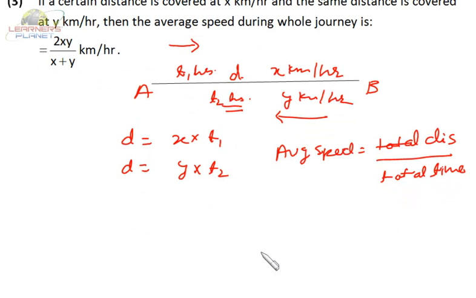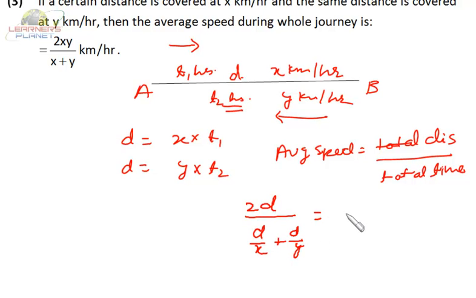What is the total distance here? While going it is d kilometers and while coming back it is a further d kilometers. So the total distance is 2d kilometers. And what is the total time? That is t1 plus t2. Now t1 is d by x and t2 is d by y. So the total time is d by x plus d by y.